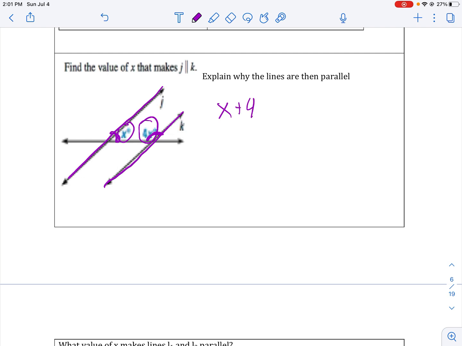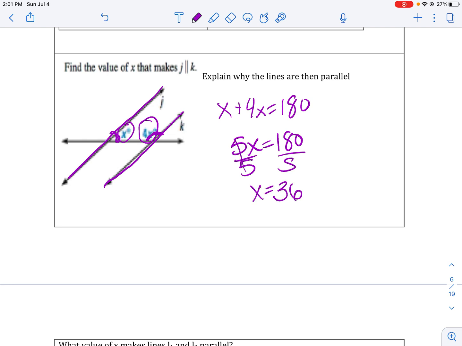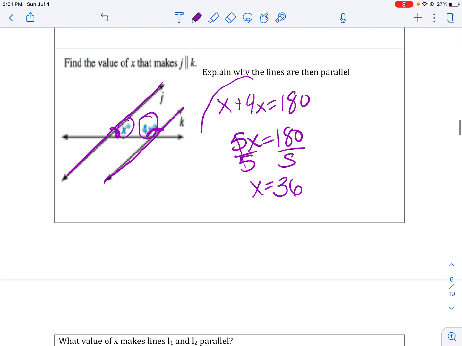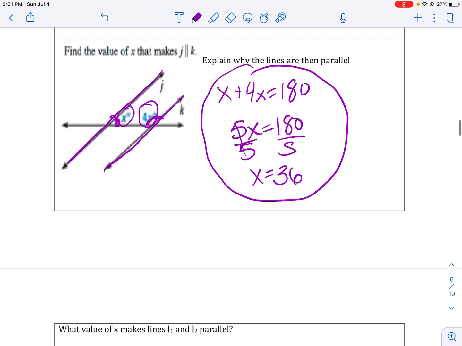And therefore we have to add them together to equal 180. And now we solve, again, like we've been doing for most of the year. And there is the value of X that makes J parallel to K. And this equation would be our reasoning to explain why.